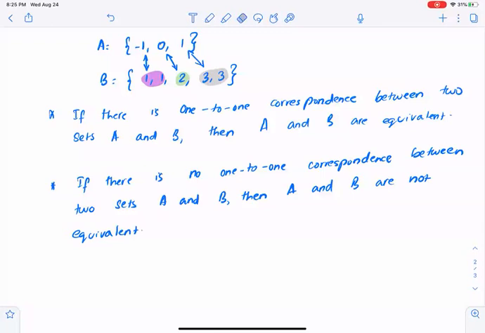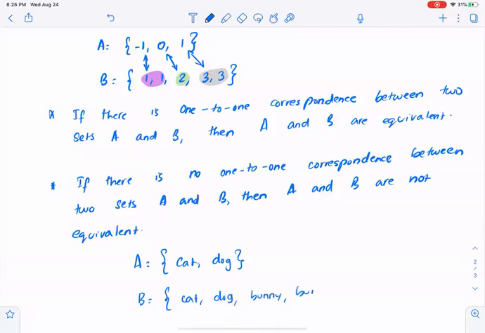Let's just say, I'll use the same example. Say set A is a cat and a dog. Set B, a cat, a dog, bunny, another bunny, snake, and a cockatoo.